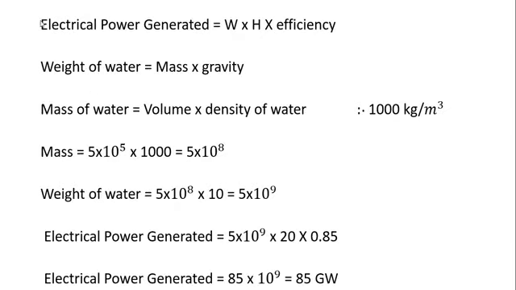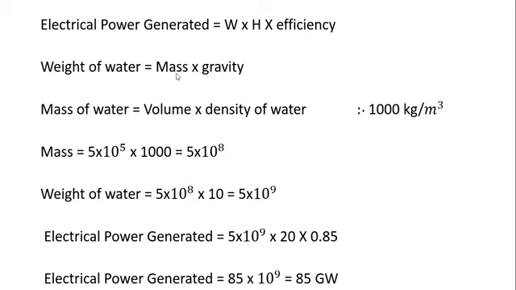So let's begin with the first part. We need to calculate the basic electrical power generated with given data. So if we consider our numerical, there we are given height, we are given efficiency, but we are not given exactly weight, or you may say mass of water.